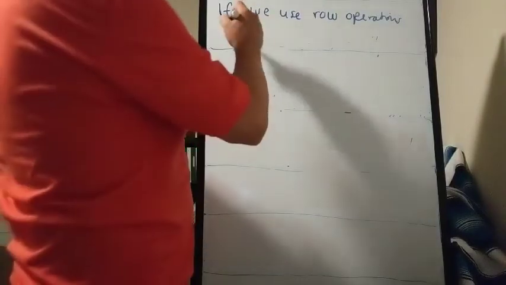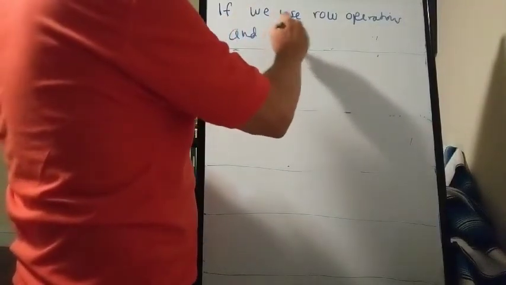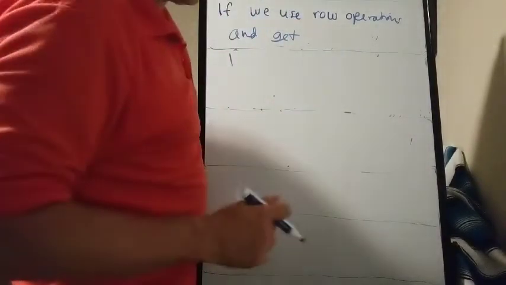So when we use row operations and get, let me do a specific example here without stars.